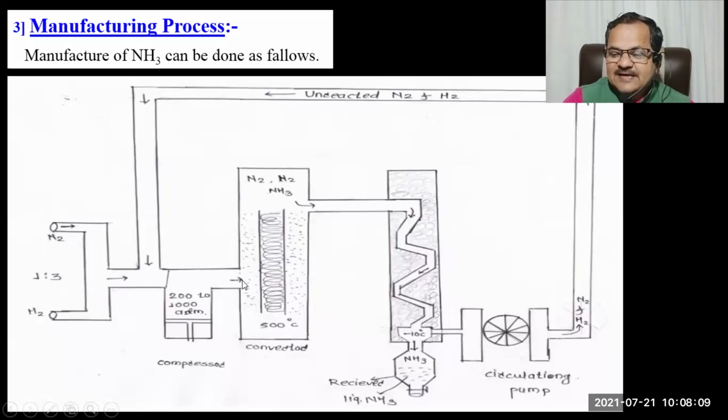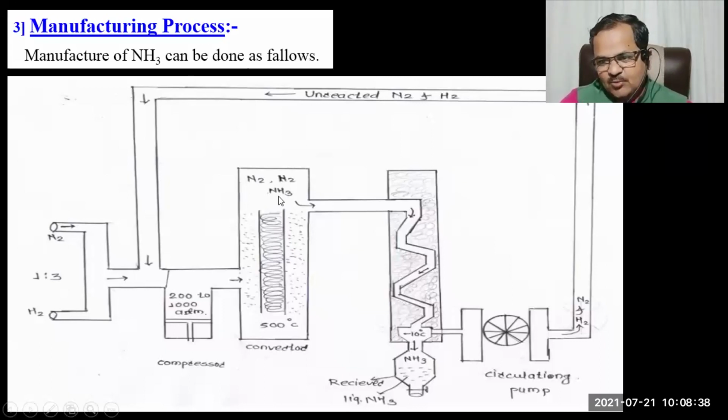Again, these reactants come in contact with the catalyst. Again, they are heated and activated, and again they are converted into ammonia. So here again there are unreacted N2 and H2 molecules along with the newly formed ammonia. 8% ammonia is formed per each cycle.